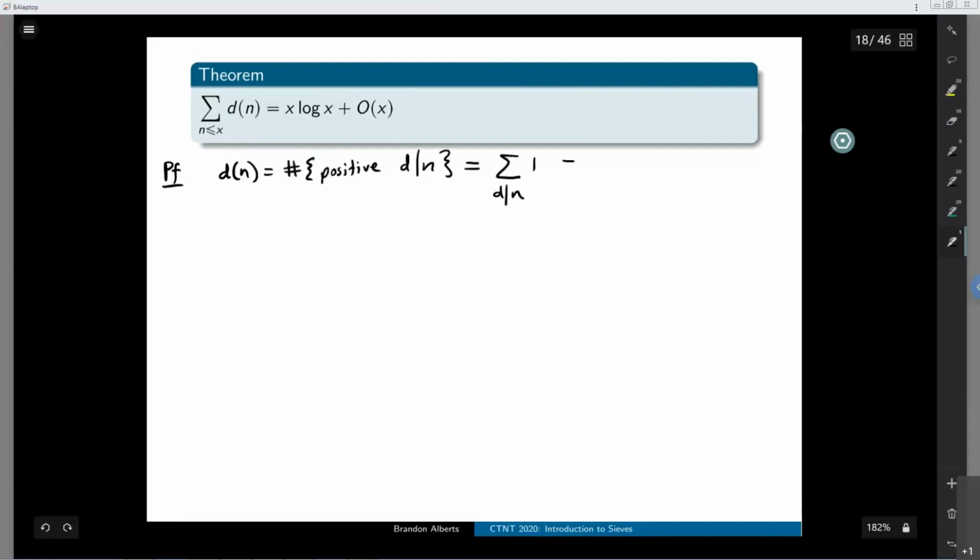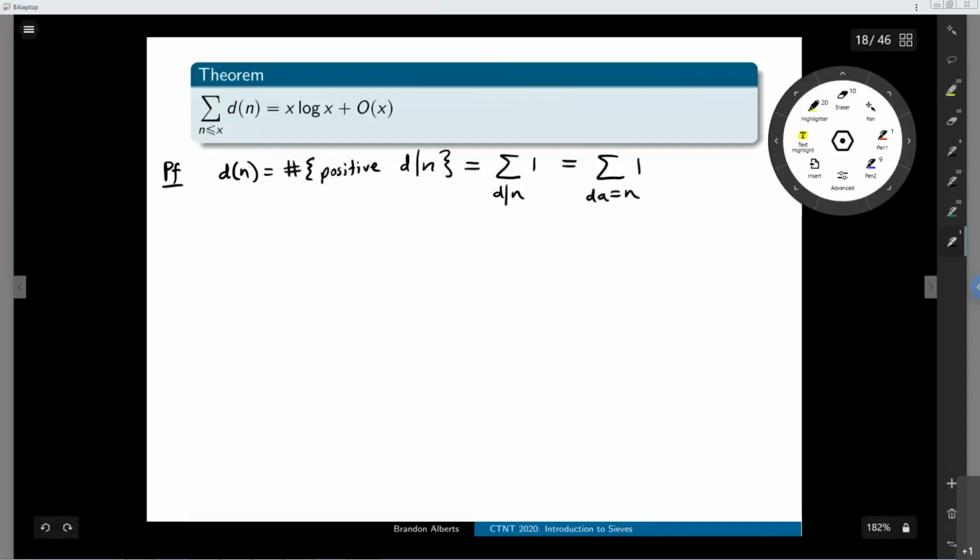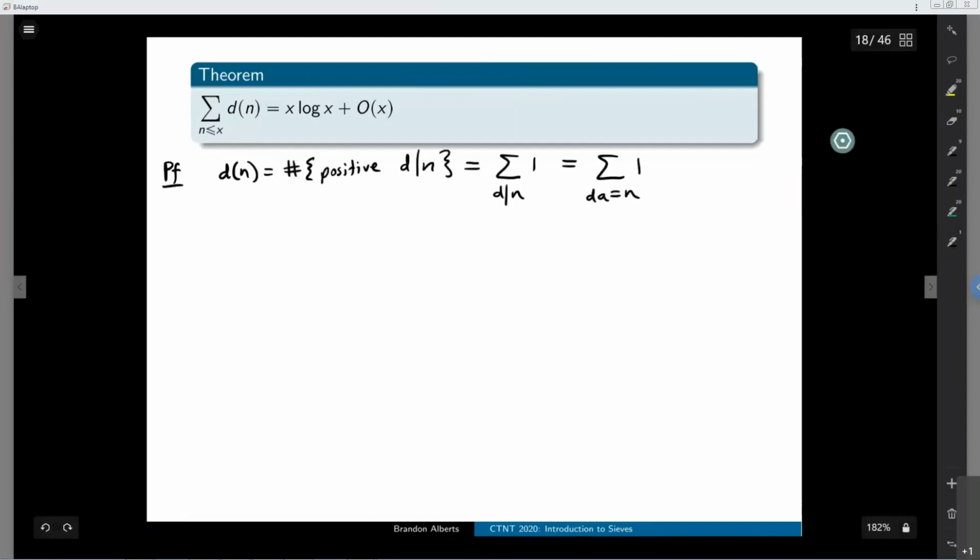Another way to write it is we could write it as a sum of 1 over the number of ways to factor the integer n into a product of two other positive integers. And the reason that we can do this is because the definition of d dividing n actually means n is equal to d times a, for some other positive integer a.